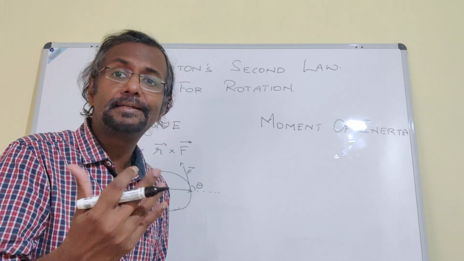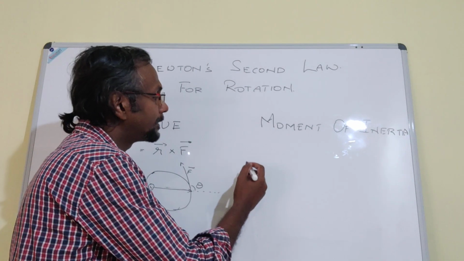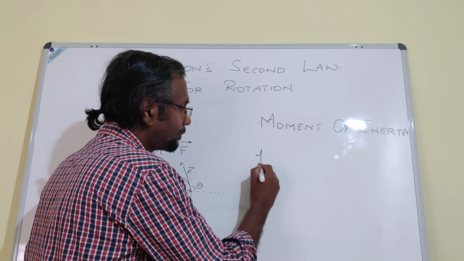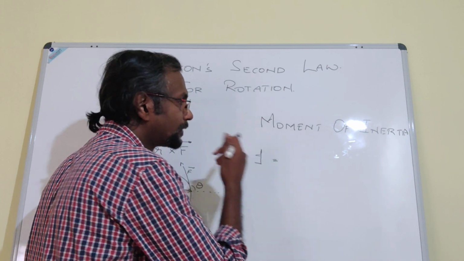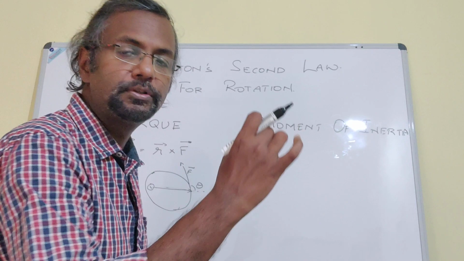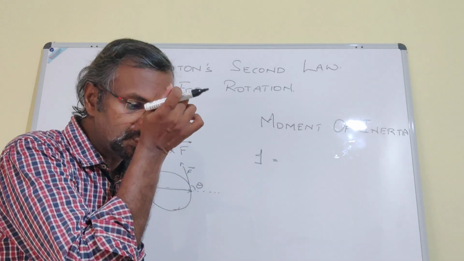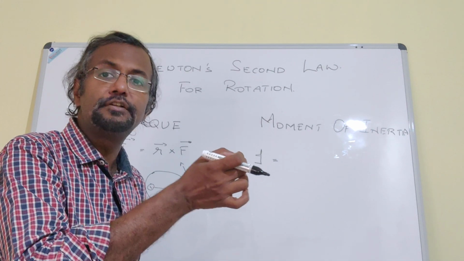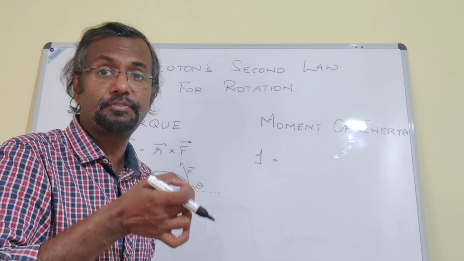And the way you calculate moment of inertia, which I'm going to represent by I, is equal to, for each particle, now we know that in rotational motion, and we're looking at rigid bodies, each particle into the square of the distance it is from the axis of rotation.